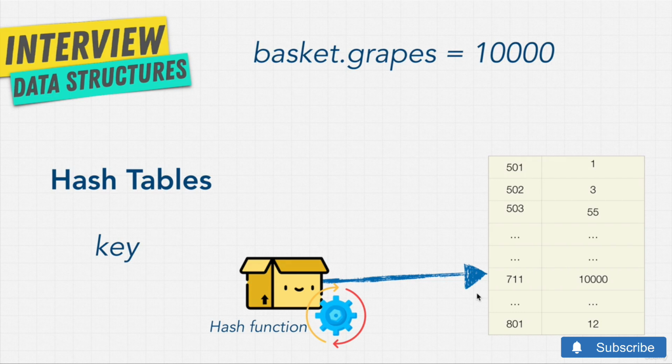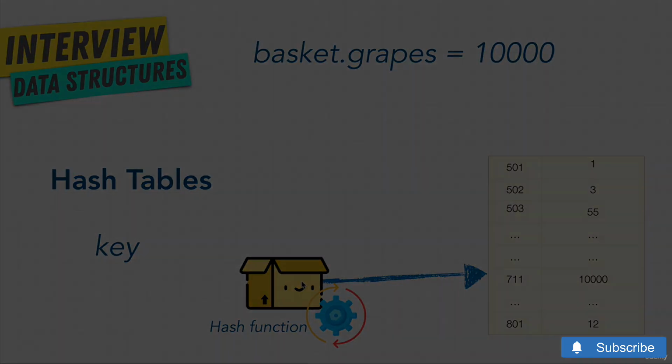That is a big factor. You don't want this to take a very long time because every time you add a property to memory or retrieve a property from memory, both times we're sending the key grapes into the hash function to find where to get it from. We need this to be really, really fast.